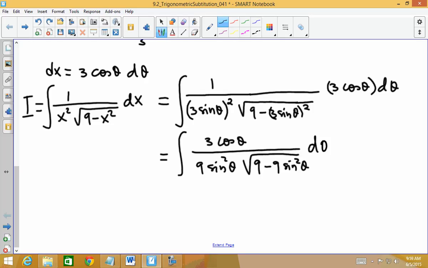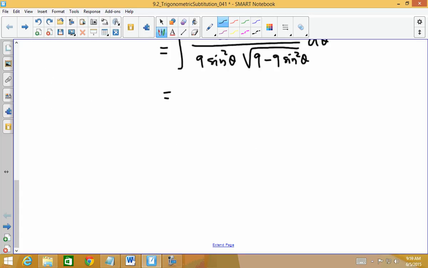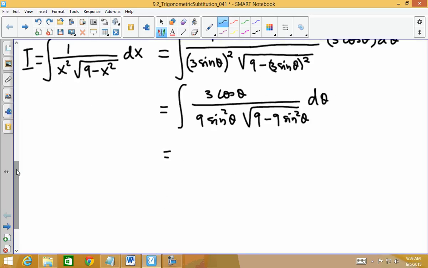Note that if we take the square root of a squared minus a squared sine squared theta, assuming that a is positive, that gives the square root of a squared times 1 minus sine squared theta.